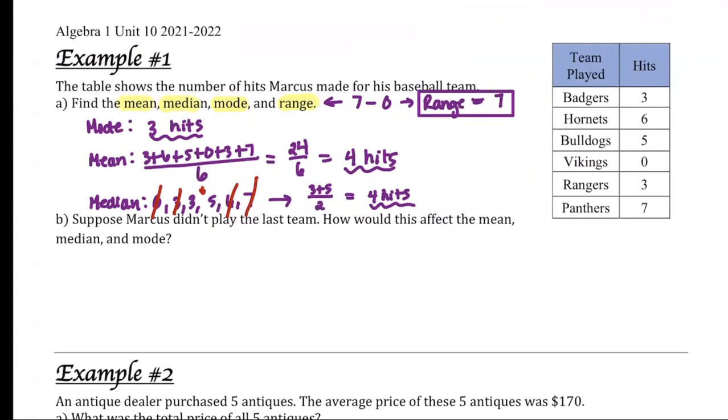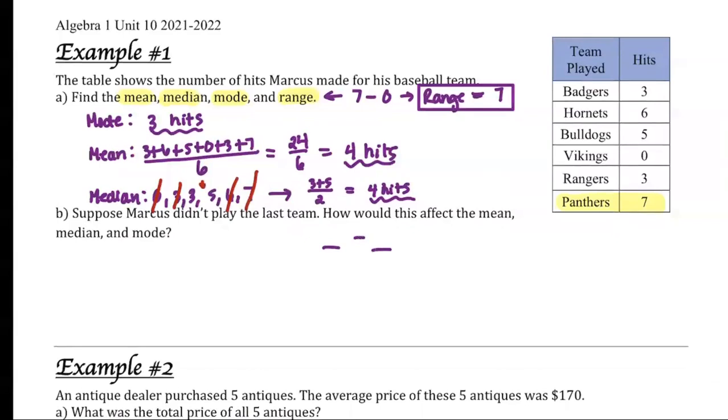Now, the last thing we're going to do, part B says, suppose Marcus didn't play the last team. One thing we can start to figure out is that if he doesn't play the Panthers, that's going to change a lot of things about my middle and my range. First of all, to recalculate my range, the goal is to take the highest minus the lowest.